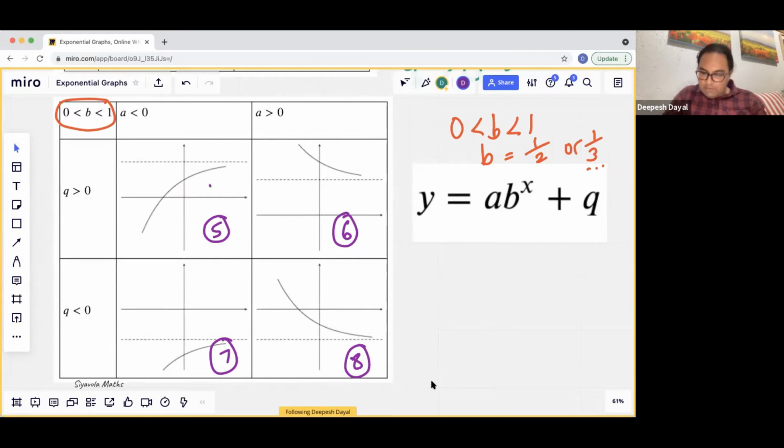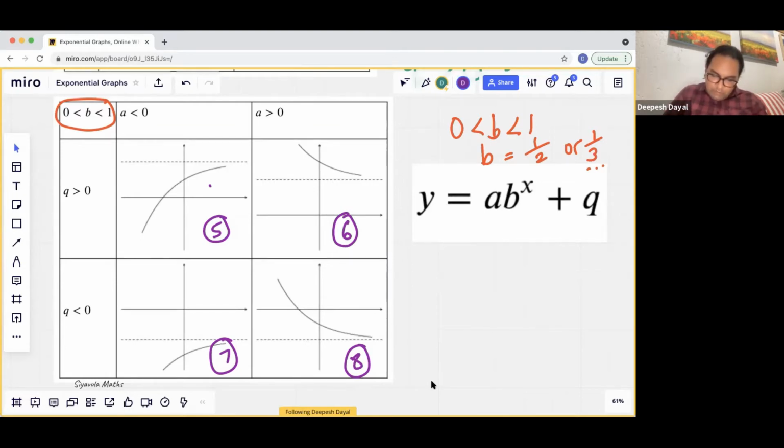And then for the next one, A is greater than 0 and Q is greater than 0. And then at the bottom, we have number 7: A is less than 0 and Q is less than 0. And for number 8, A is greater than 0 and Q is less than 0.